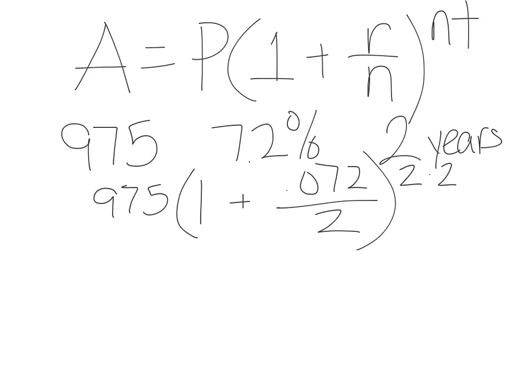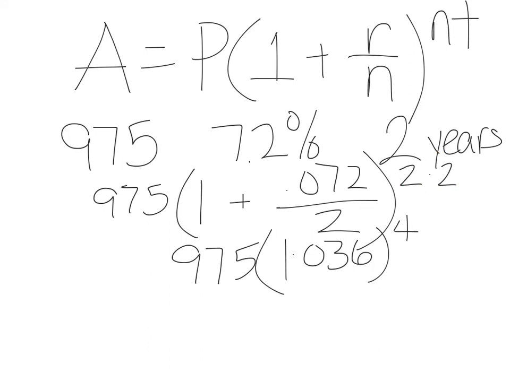All right, so now let's see what happens here. First thing I have to do is 0.072 divided by 2. 0.072 divided by 2, that's 0.036, which I can now add to 1, and now get ready to do this. 975 is still there, and I have the 2 times the 2 right out here now, the powers, the exponents, and that's 4.